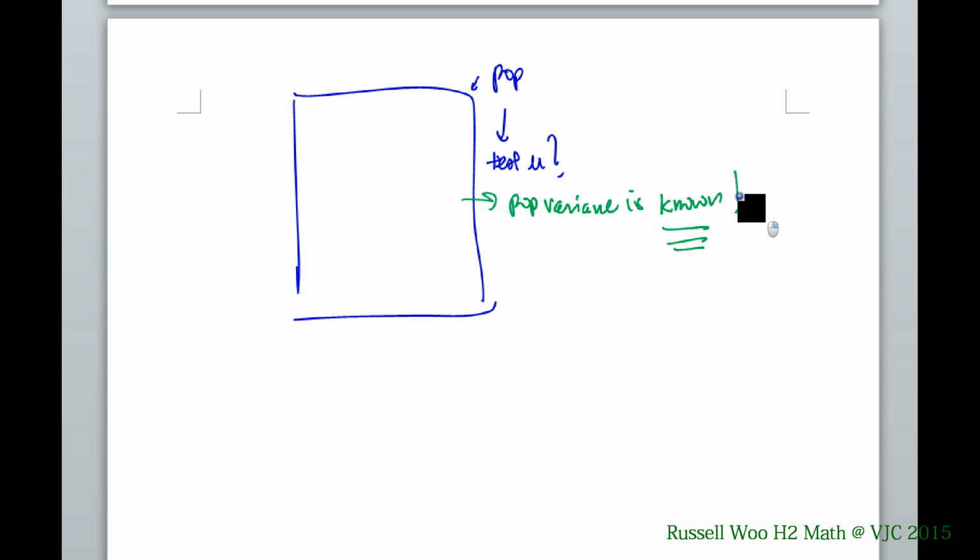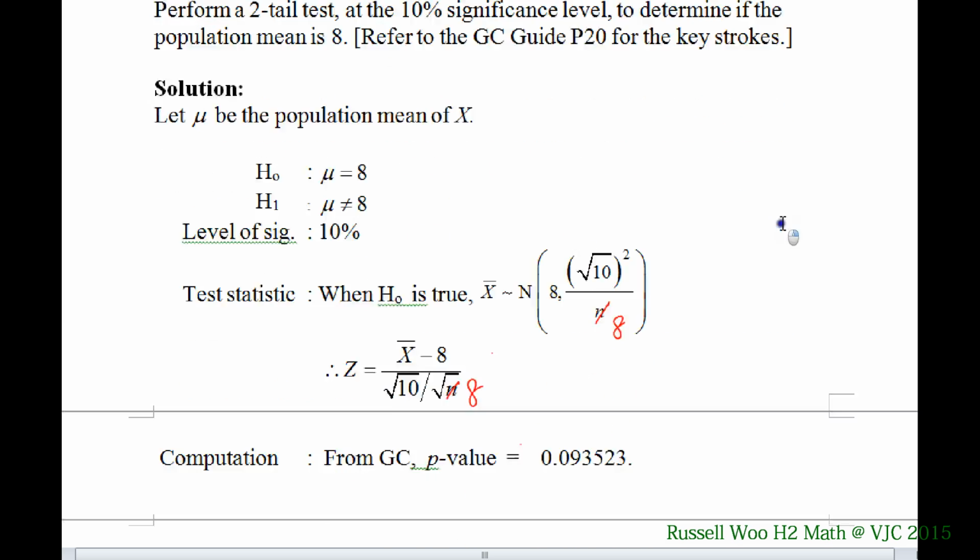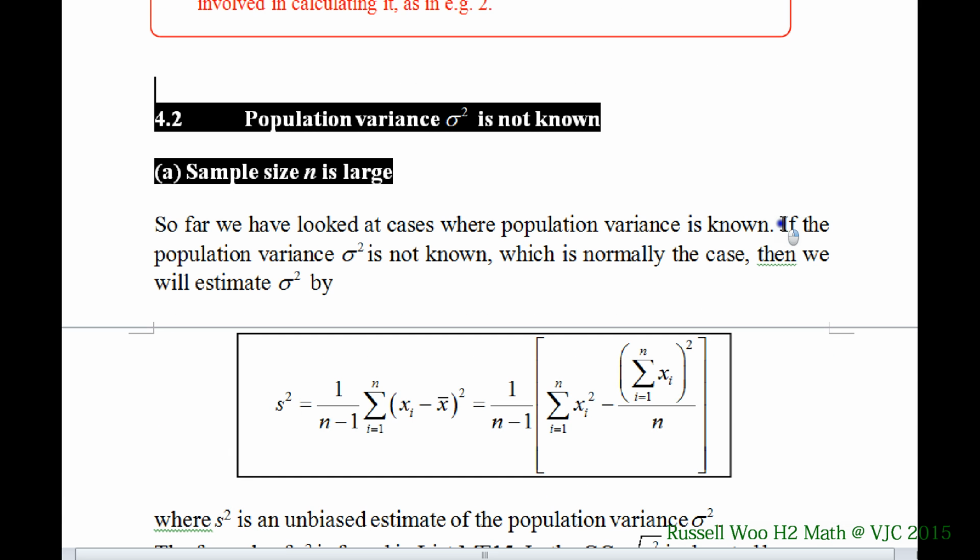Can I have attention please, thank you. So far, the question always says we know the population variance. So what if the population variance is unknown? This is what we're going to discuss in 4.2. What if the population variance is unknown?